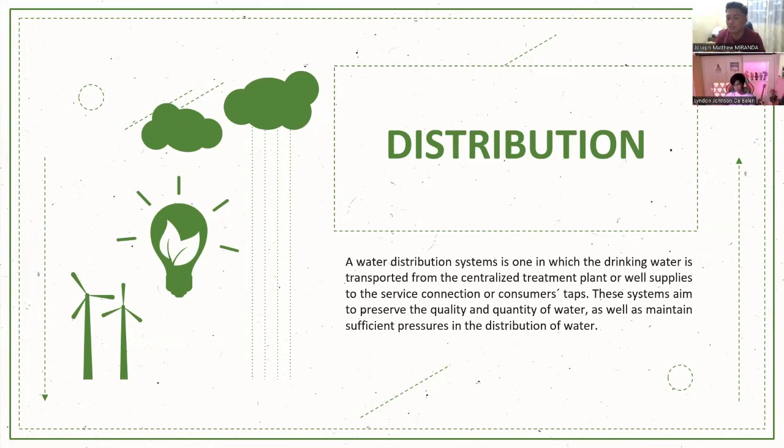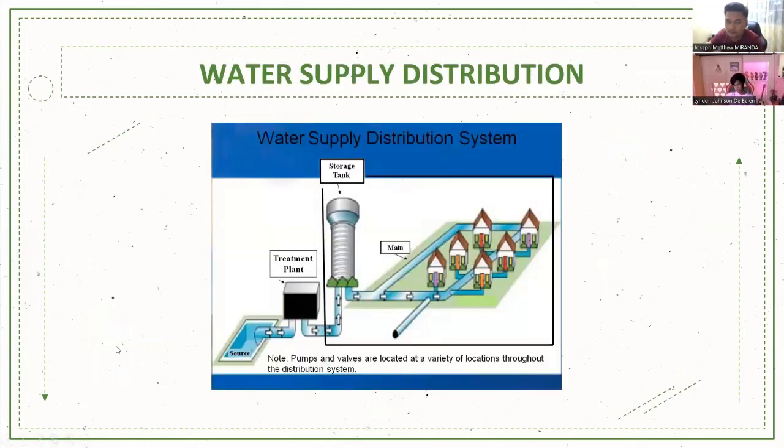So pag sinabi natin quality, magandang tubig at magandang supply, which is yung quantity. So ito yung nangyayari kapag nag-water distribution. Ito yung sinasabi ko. So may treatment, ilalagay sa storage tank, ididistribute na sa mga bahay na kailangan ay quality at equally divided ang maibigay sa mga consumer.